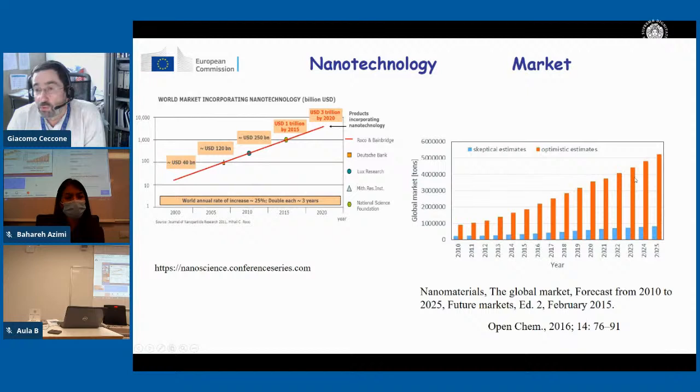One is a more optimistic estimation, and the other one is a more skeptical estimation of the global market in nanotechnology. But now with COVID, we still have, I think, to rethink this estimation, because this kind of time will change a lot the way we introduce nanotechnology in our life.